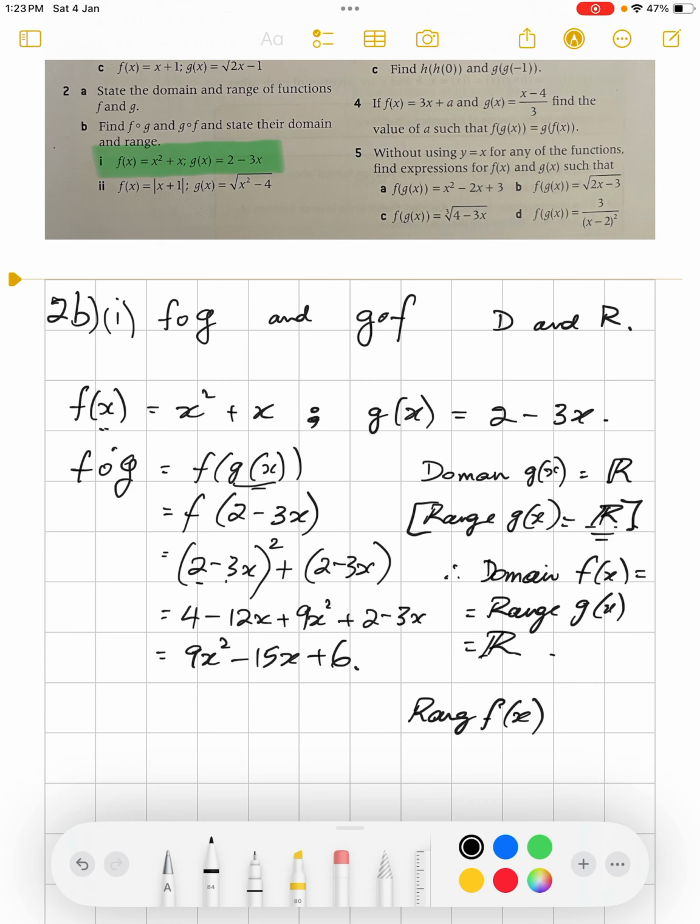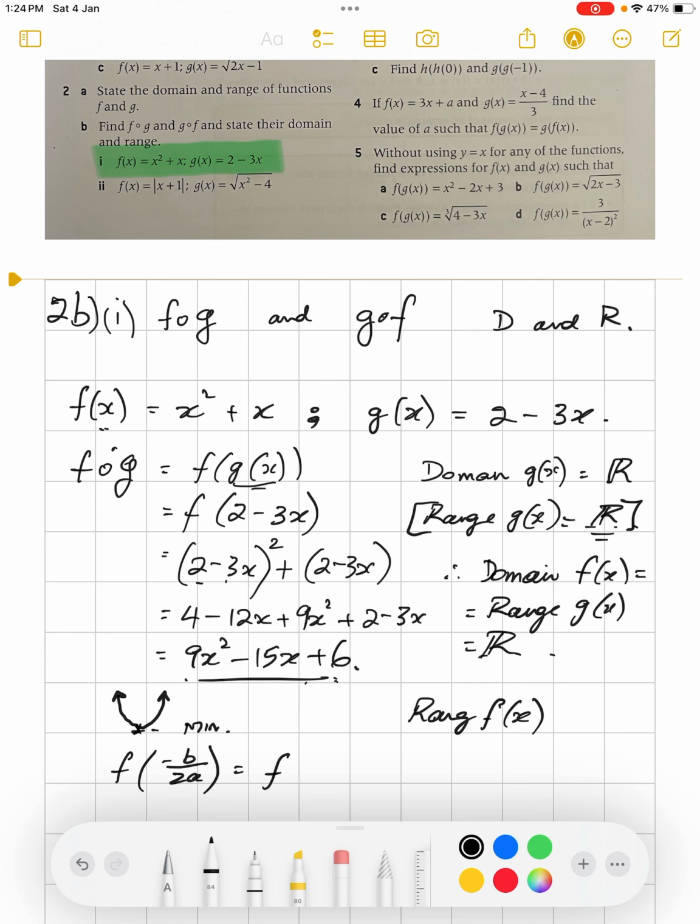Well, it is a parabola. You see, it's a parabola because it's x squared plus x, and we've got our domain here, which means our range must be starting by looking for the minimum point, and the minimum point happens at negative b over 2a.